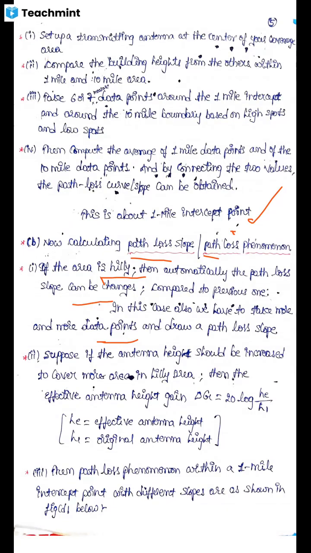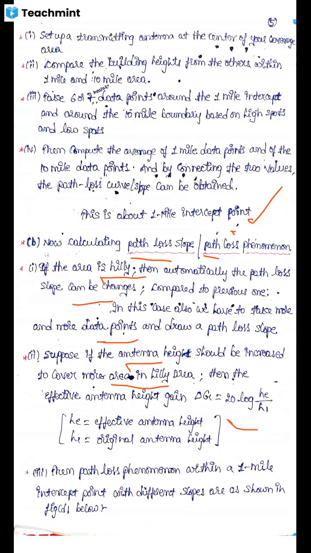Suppose the antenna height should be increased to cover more area in a hilly area. Then how do we change the antenna height? We had already studied this in the standard conditions, in step A, at the base station. If I want to change the antenna height, the correction factor I used there was 20 log of the changed antenna height by the actual antenna height.